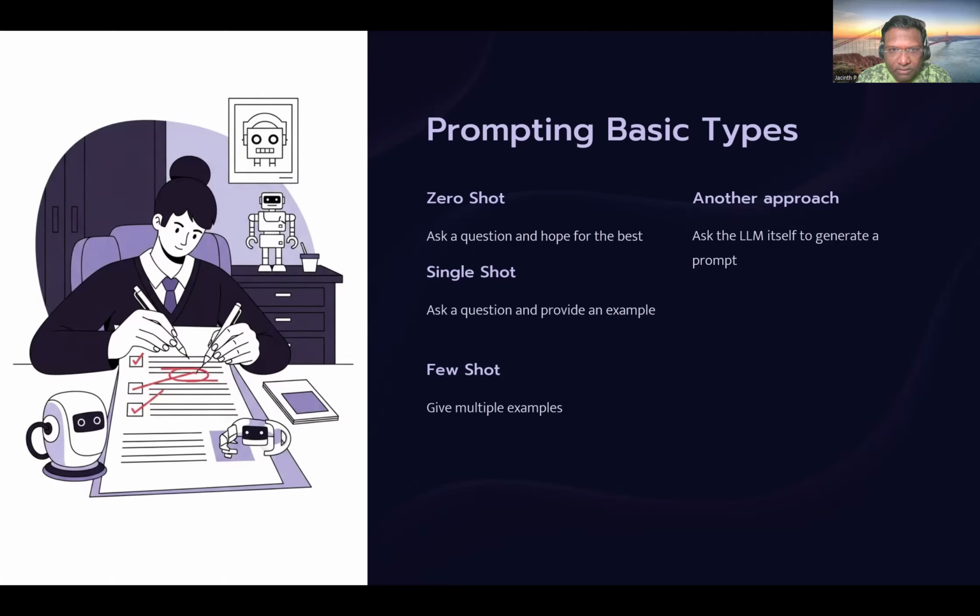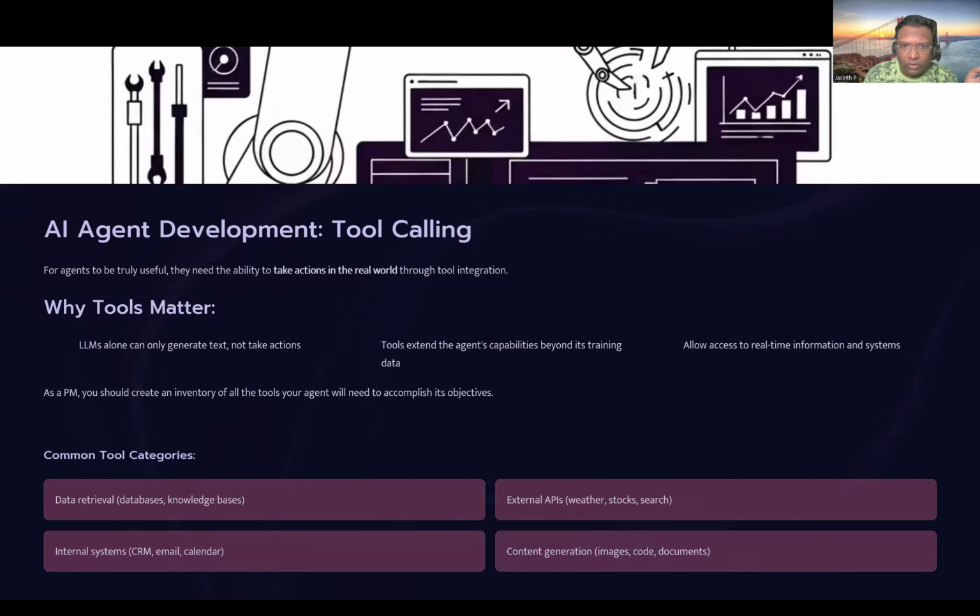Let's move on to the next item, which is tool calling. For AI agents to be truly useful, they must take action, not just generate some output. This tool integration extends the agent's capabilities beyond what the language model knows. As a PM or one who is facilitating this development, your job is to map business objectives to the tools the agent will need.